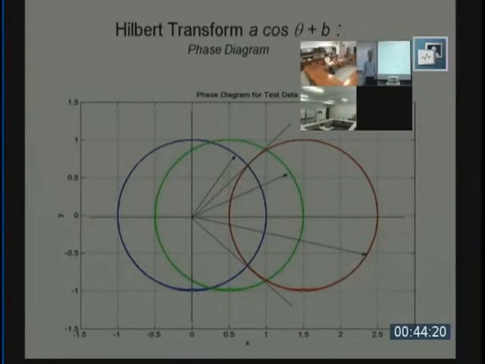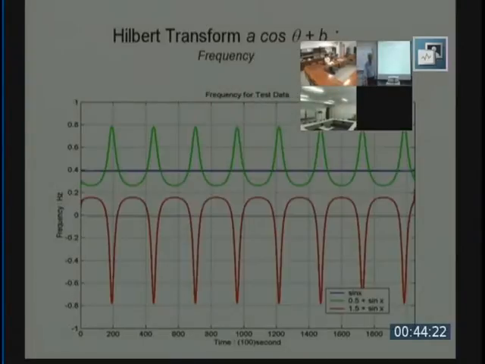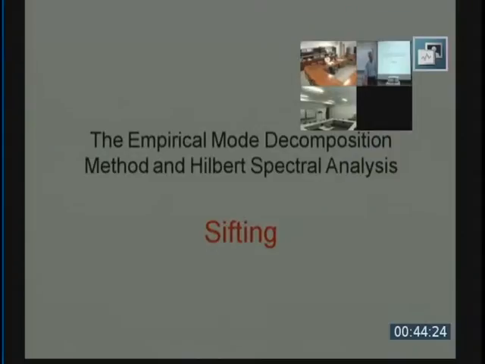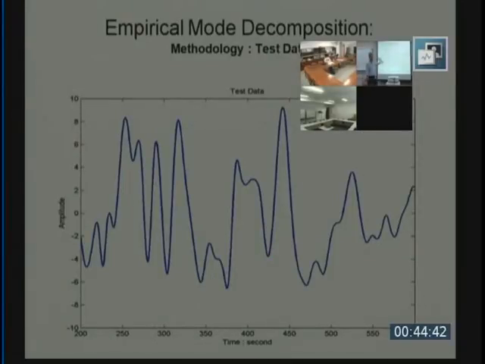So based on this observation, we decide that for any data, if you want to use Hilbert transformation, a necessary condition, not sufficient, is to move all the way to the 0 line. Okay. So how can we do that? If we take any data, will this satisfy the necessary condition?